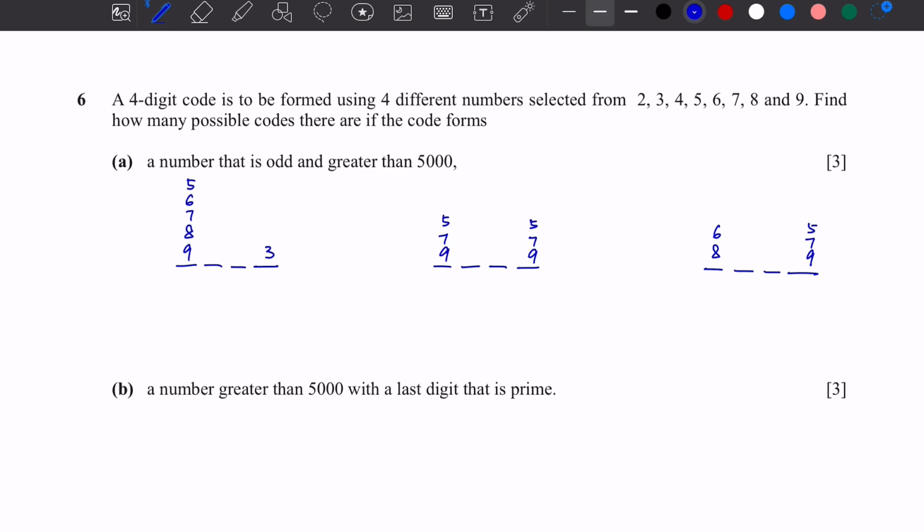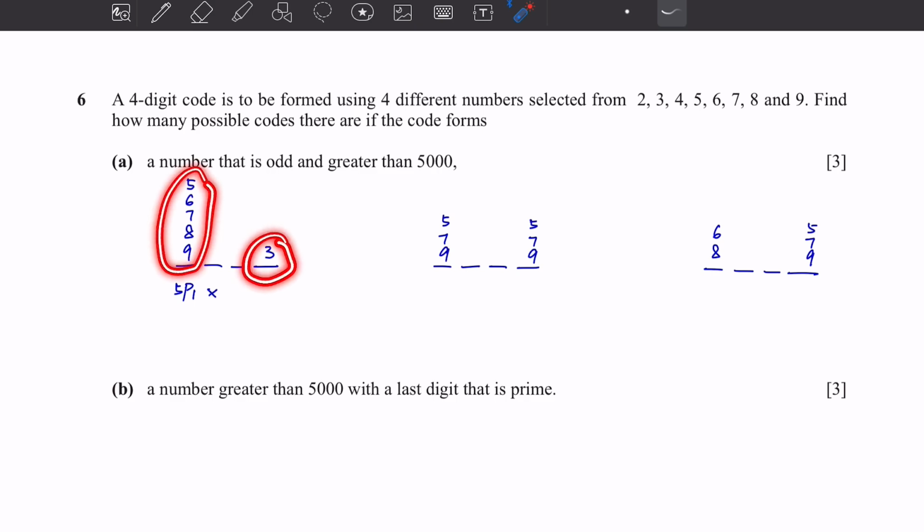If we split into three different situations, it would be easier and we can make sure that fewer mistakes are made. So first situation, we choose from 5 numbers. So 5P1 times. So we use one number here and another number here.